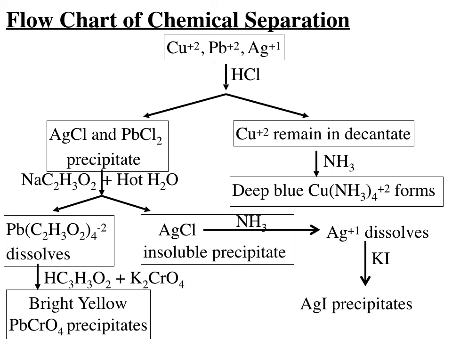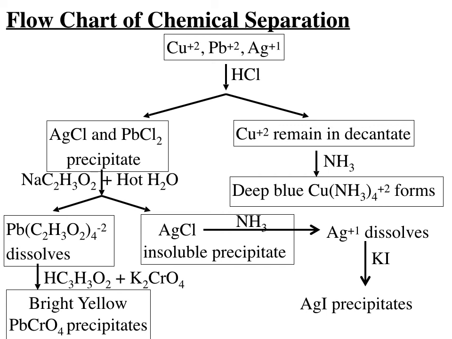In the presence of HCl, silver chloride and lead chloride precipitates would be formed and sink to the bottom of the solution. However, copper chloride is soluble and will remain in solution. So what you have done by the addition of HCl to a solution containing all 3 cations would be separate the copper from the lead and the silver.